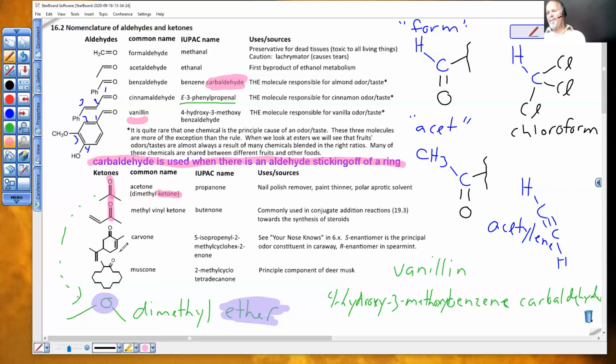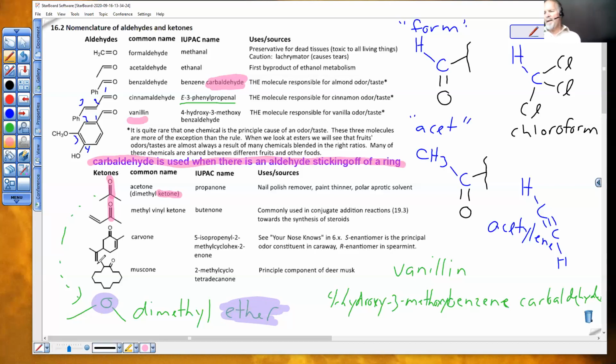And carvone, I don't expect, if I said carvone on a test and asked you to draw it, that would just be unfair. Okay? So if I drew this picture, you should give me this name. Does the name of the group isopropenyl make sense? It's got the V, but it's got a double bond as well.